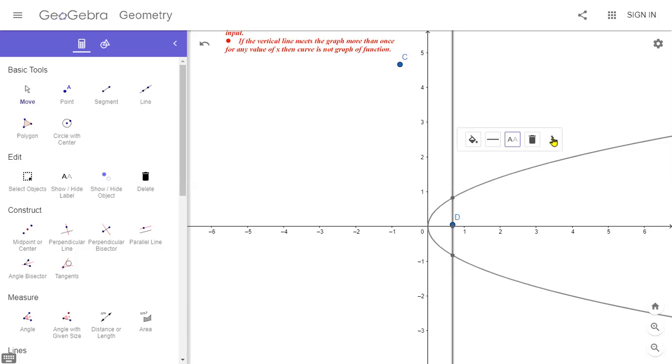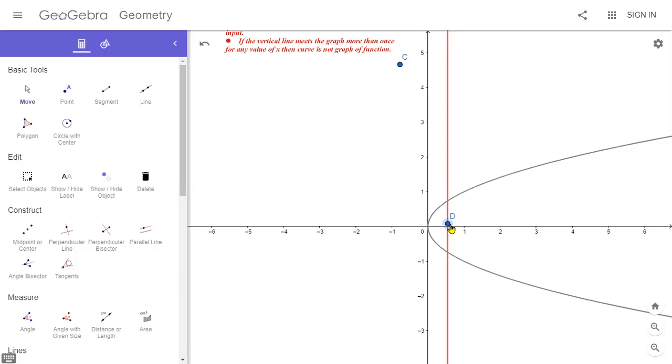Let me change the color of this vertical line. This red line is the vertical line, perpendicular to the horizontal axis, the x-axis, or parallel to the y-axis. By using this vertical line, we are going to check whether the given curve is the graph of a function or not.